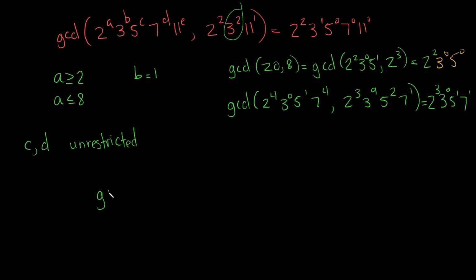So for example, the GCD of 11 squared and 11 to the 1 is going to equal 11 to the 1, and that disqualifies this because we can't have any powers of 11 here. So because any power of 11 greater than 0 would sneak through this one and go to the answer, and we can't have that, we get that our 11 here, our e, must be equal precisely to 0.